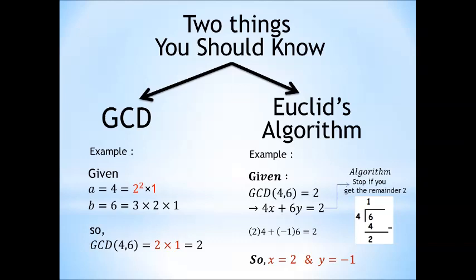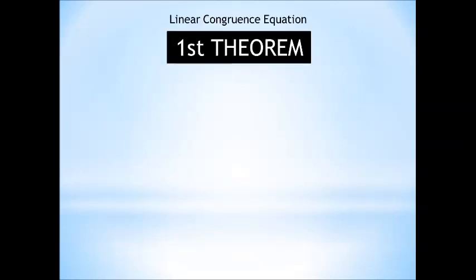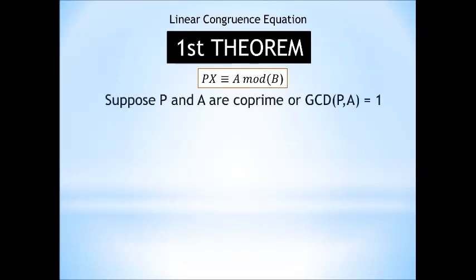Okay, after we know how to handle this basic concept, we can go to the theorems. The first theorem: given the congruence equation Px ≡ A mod B, suppose P and A are coprime, or by the way, the GCD of P and A is 1.